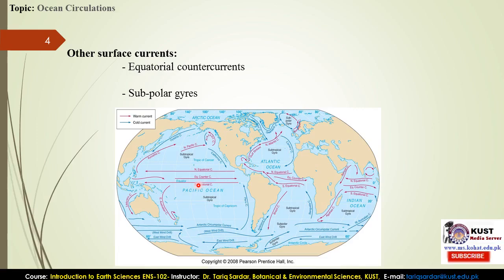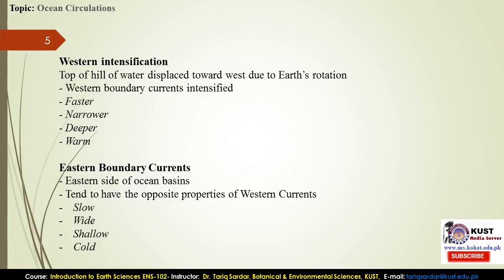So that's the system making other surface currents and the intensification of heat, which we are going to discuss in the next section. Thus, western intensification refers to the areas which fall toward the west of the globe, like we know west, east, north, and south.